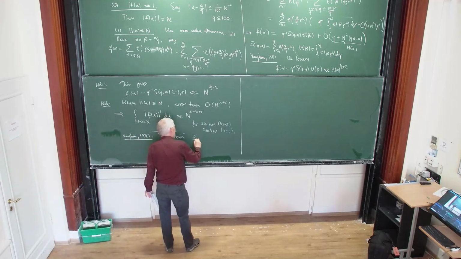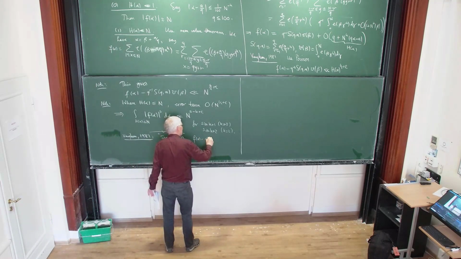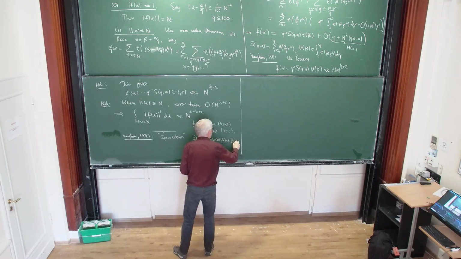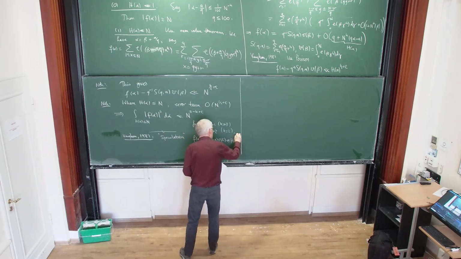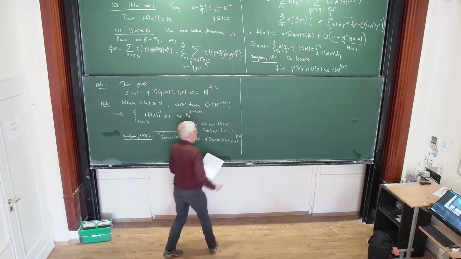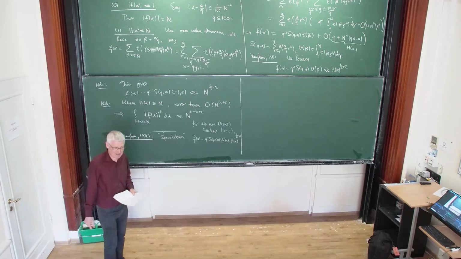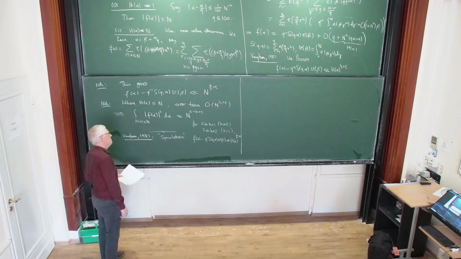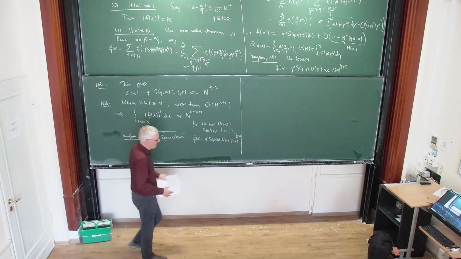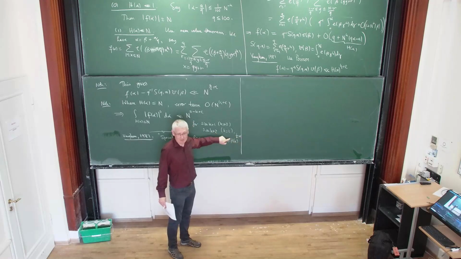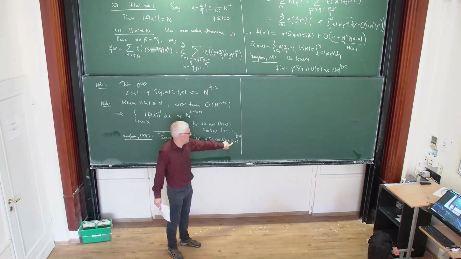What he speculated was that f of alpha minus this main term should be bounded above by, and I'm paraphrasing because he did not use this height function, h of alpha to the 1 over k plus epsilon, uniformly in this height. Remember h of alpha can be as large as n to the k over 2, so this would be like square root of n in the worst case, but usually much better.